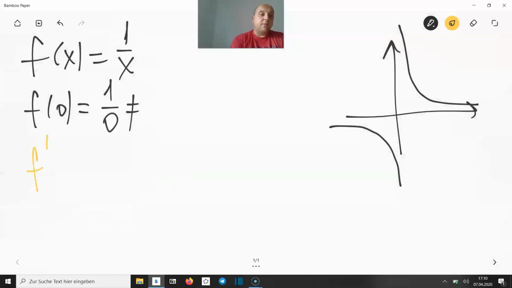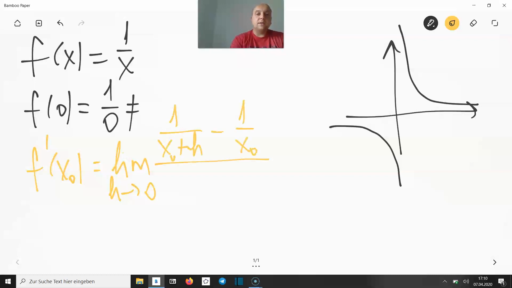f prime of x0 is the limit as h goes towards 0. By the first principle, we get 1 divided by x0 plus h, minus 1 divided by x0, all divided over h. This is how it starts. Now you should be familiar a little bit with fractions.